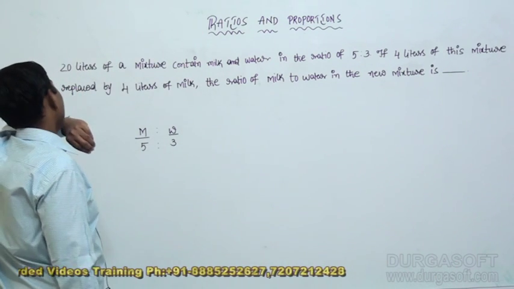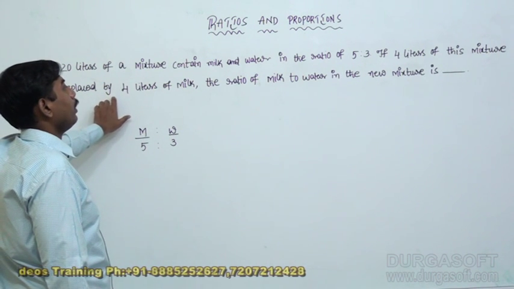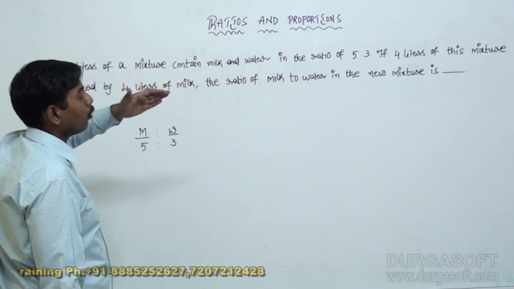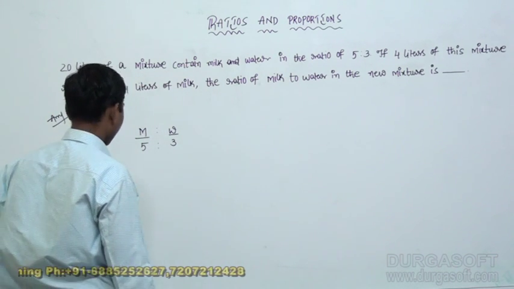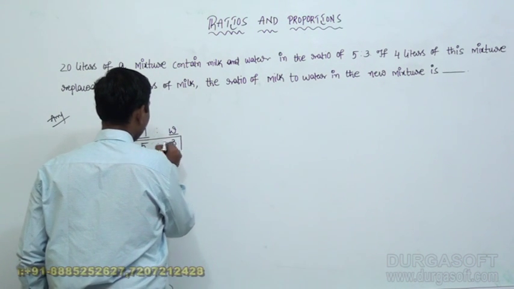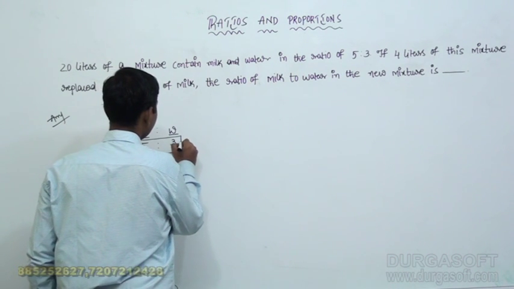If 4 liters of a mixture are replaced by 4 liters of milk, 4 liters of the mixture we have taken out. 4 liters out of 20 liters taken out means 20 minus 4, that equals how many liters? 16 liters.